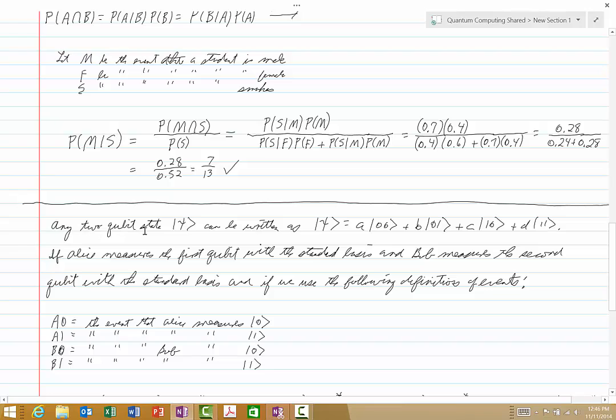It doesn't matter if it's entangled or unentangled. So we're making no assumptions about whether or not the state is entangled at this point.